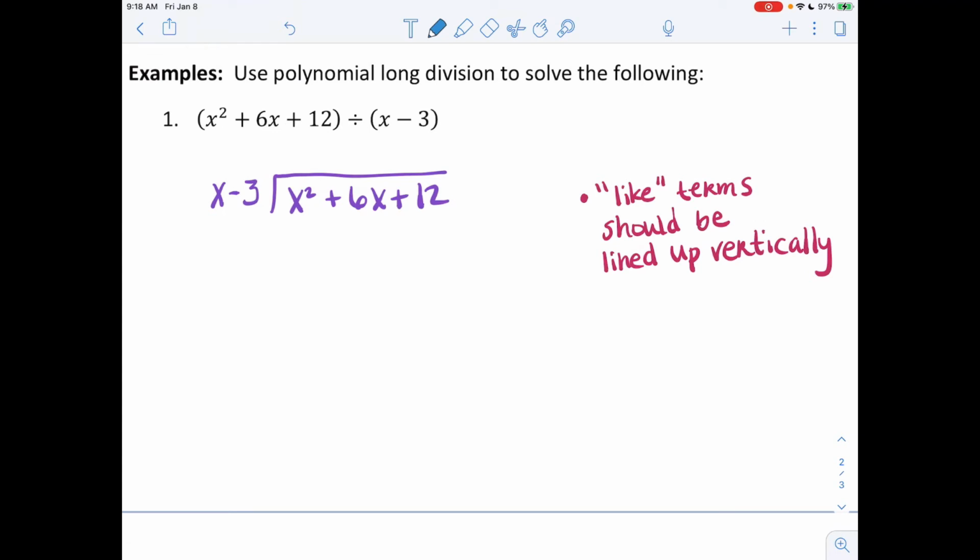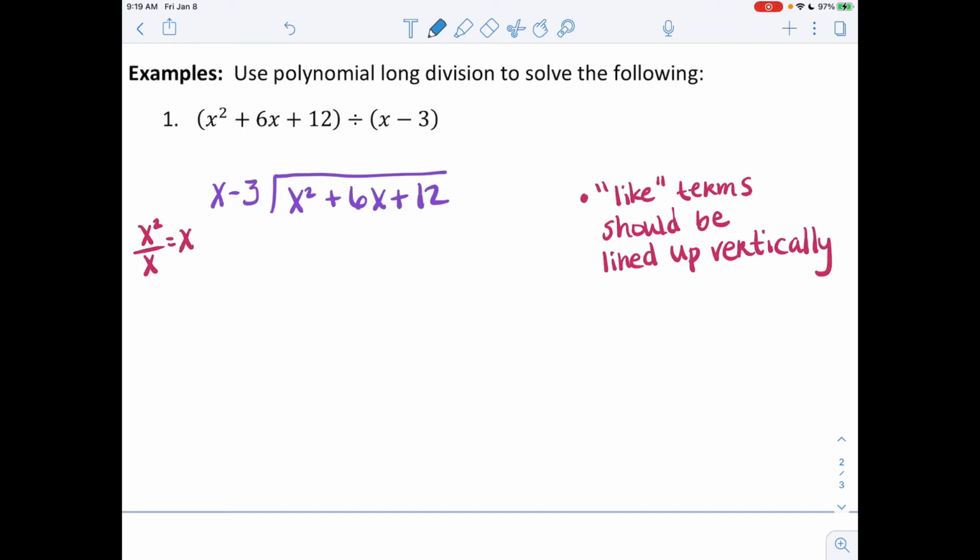Instead of looking at the entire divisor, what we want to look at is just the first term of the divisor, so in this case, an x. And what we want to ask ourselves is, will x divide into x squared? So we'd be looking at x squared divided by x, and yes, we can do that, and our answer would be an x.